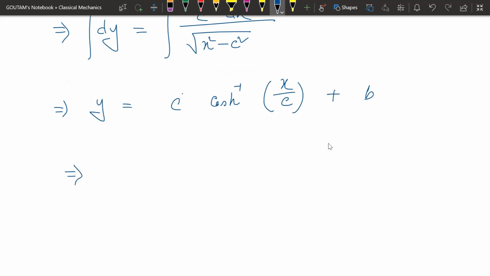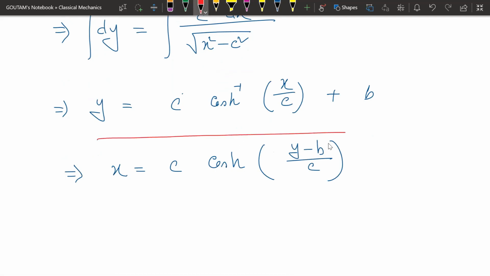So in that case, x will be c times cos hyperbolic of (y minus b) by c. So this is the equation of the required path, of the required curve.